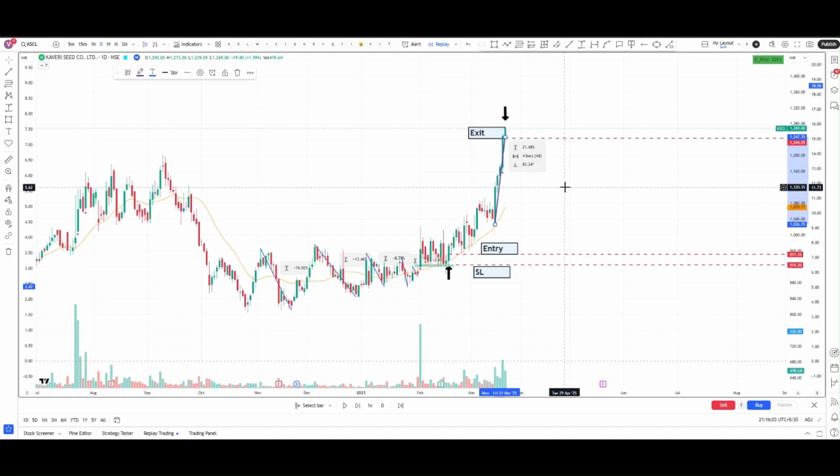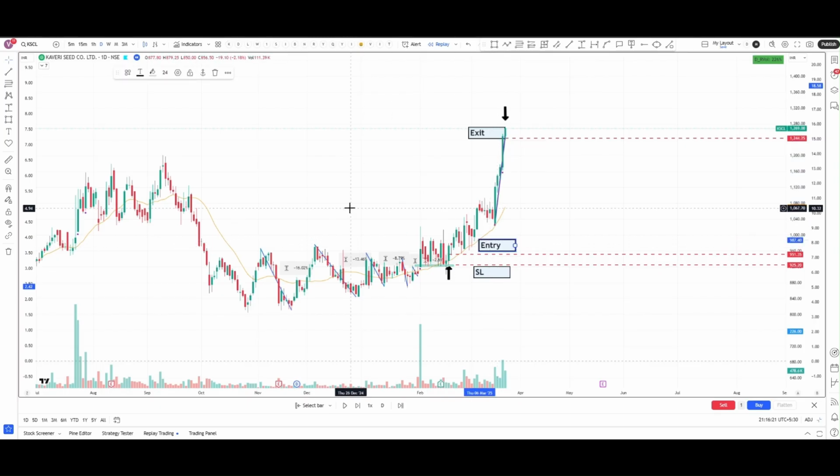So I needed to book all the profit and get out of the trade, which I did on 21st of March. So this was my reason. Why did I choose KSCL? How did I enter into KSCL? And why did I unload all my positions on 21st of March?